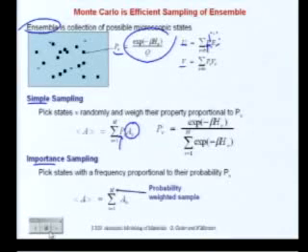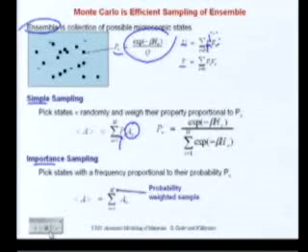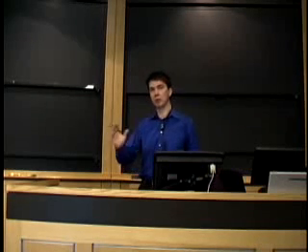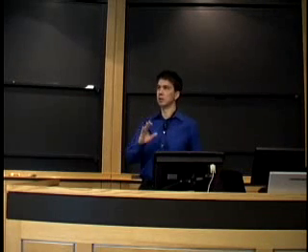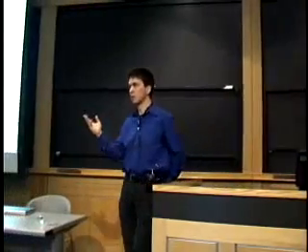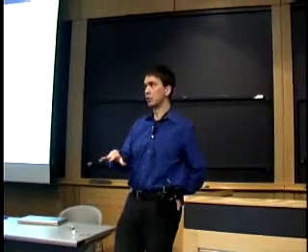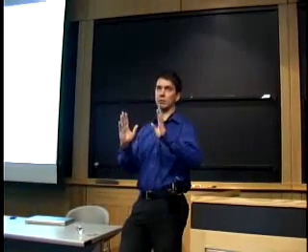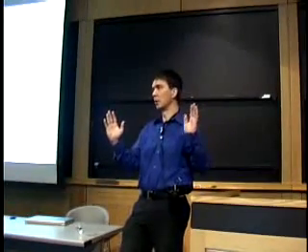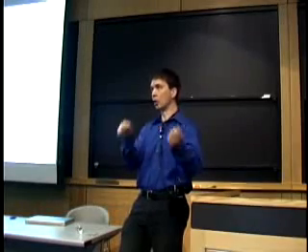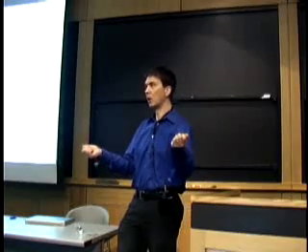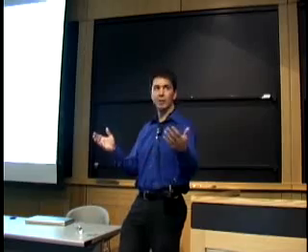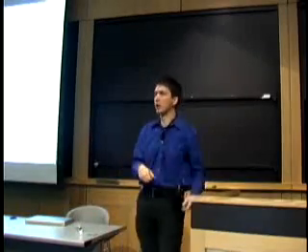Because you will tend to pick the states that have high degeneracy. Okay? So the states that have high frequency of occurrence, not the states that necessarily determine your average well. The classic example is the spin model. If you're in a low temperature state, the dominant states are the ferromagnetic states. Whereas if you randomly picked spin states, you would all pick disordered states. Okay? You would barely ever have any states with significant ferromagnetic patches.